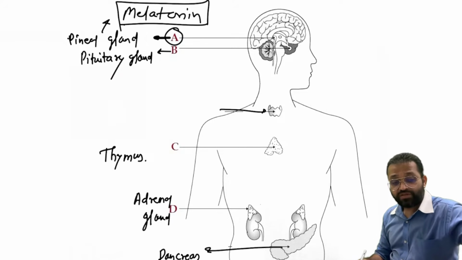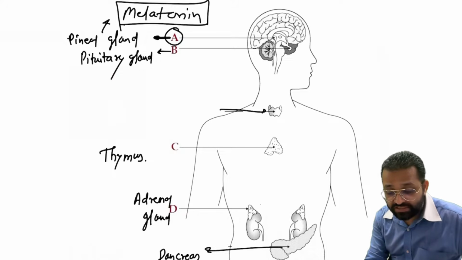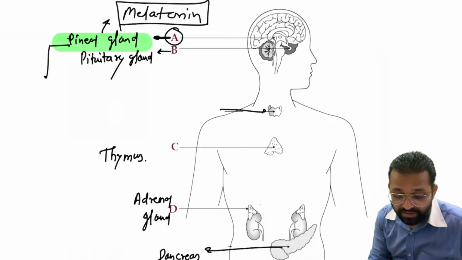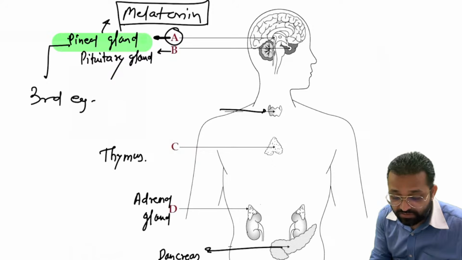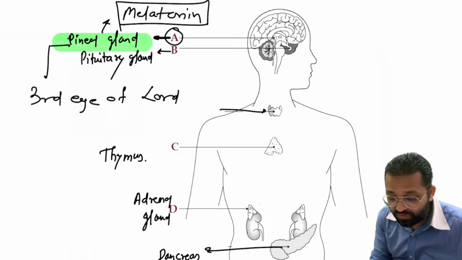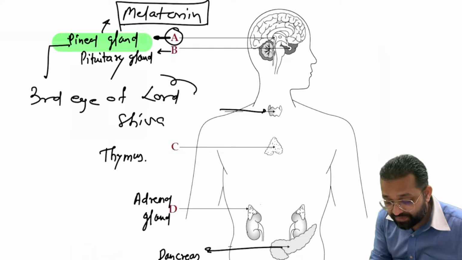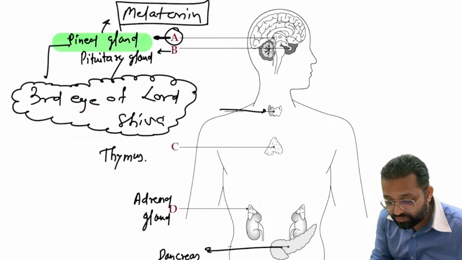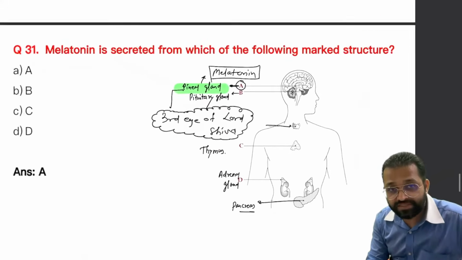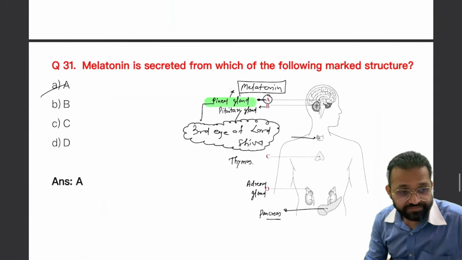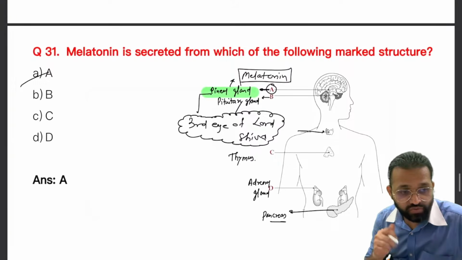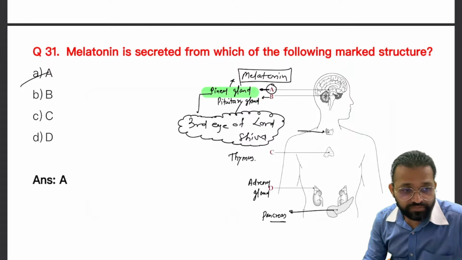Are you getting? So this pineal gland is also considered as the third eye of Lord Shiva, which is secreting our melatonin hormone. Agree? So answer in this question is A. A. Very good, Sakshi, Aditi, you all are right. Ankush, perfect. Sakshi, Ramsarup, Sangupta, you all are right. Third eye of the Lord Shiva.